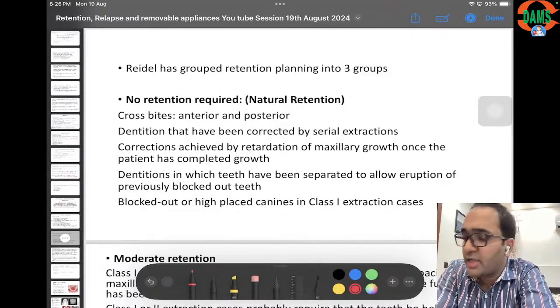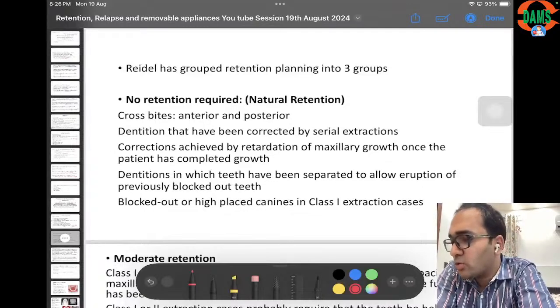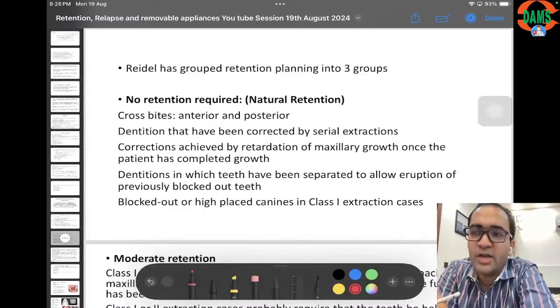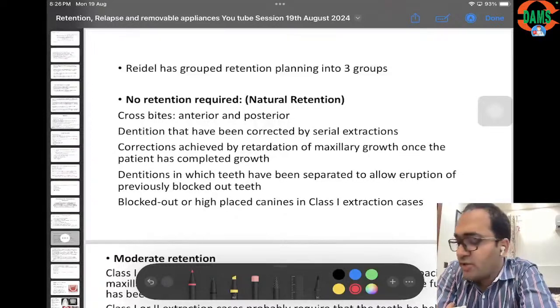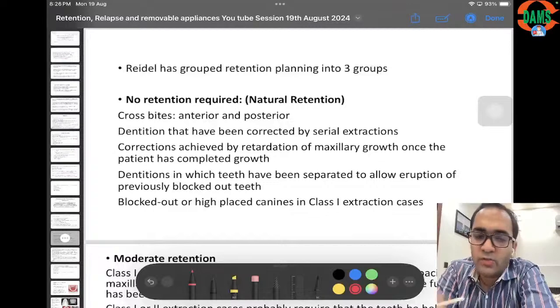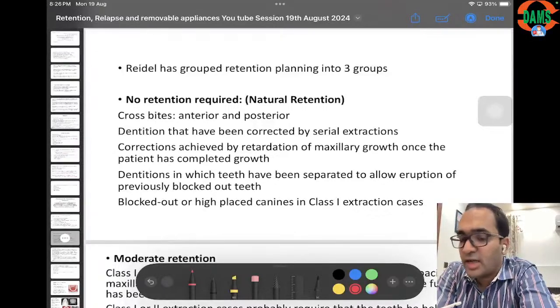Corrections achieved by retardation of maxillary growth, because once the growth is completed, it cannot begin again. Dentitions in which teeth have been separated to allow eruption of previously blocked out teeth. So once the teeth have erupted, it is not possible that teeth will go down and relapse. Blocked out or highly placed canines in class 1 extraction.